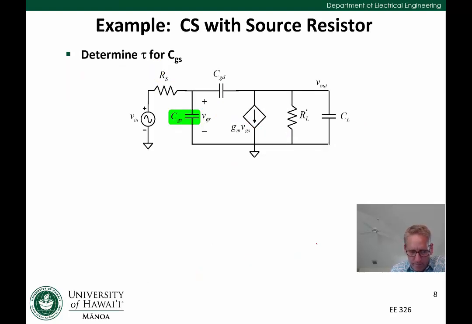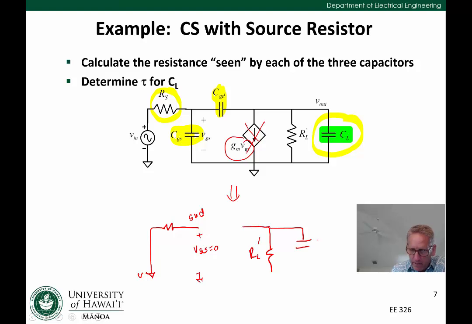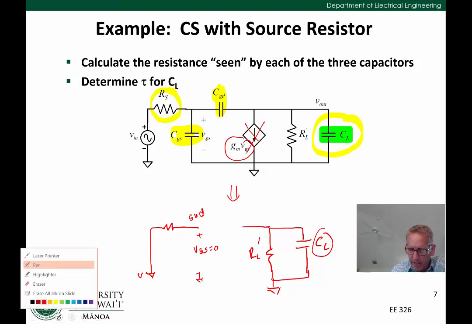We can see by inspection now that the resistance seen by CL is just RL prime. So that one's pretty easy.